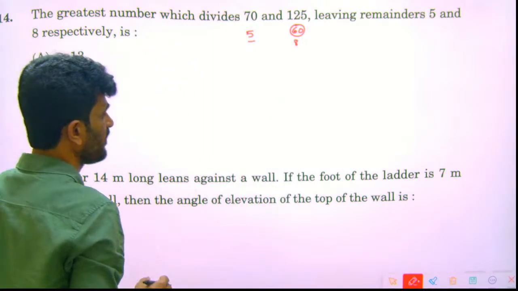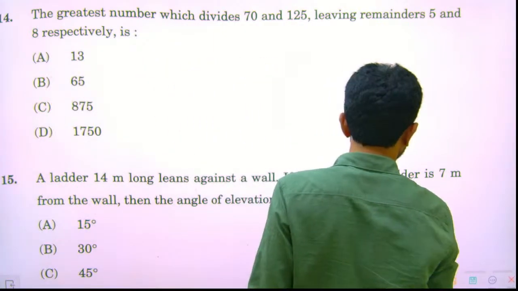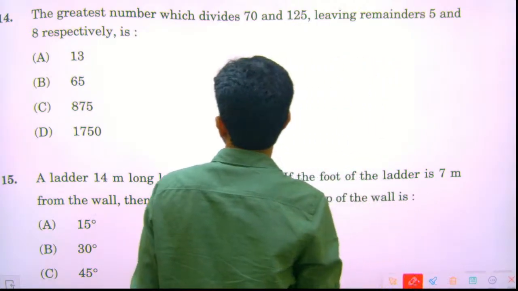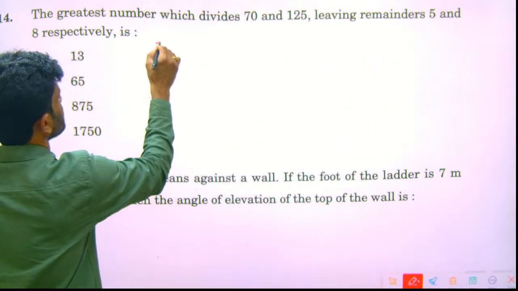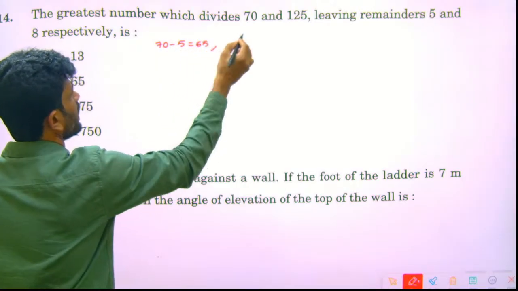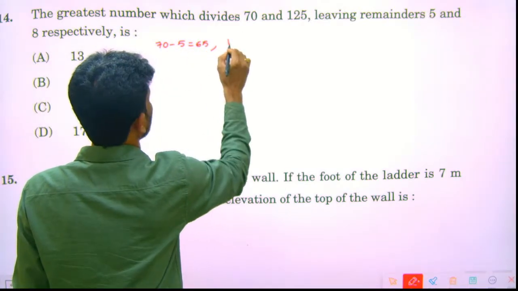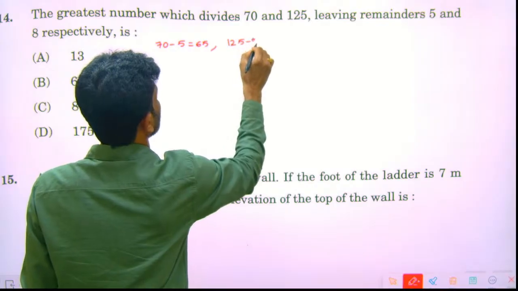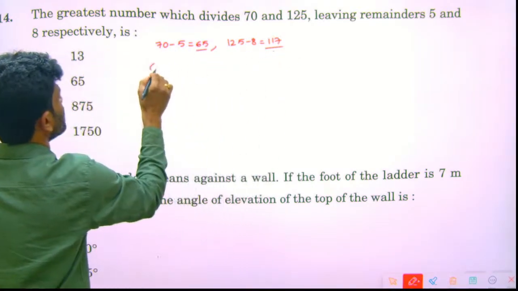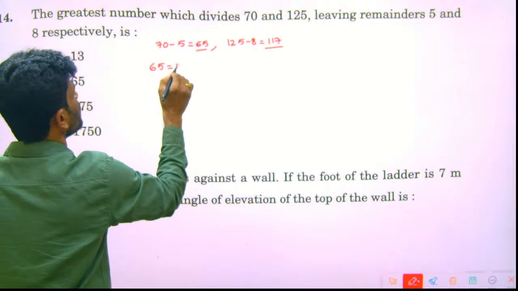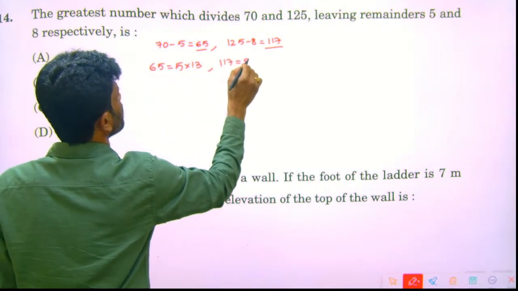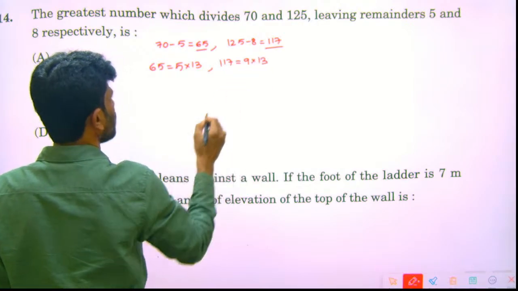But if it is given for subjective, how to do, I will explain. If it is given for subjective, in this type of questions, first we have to subtract 5 from 70, which is 65. Again subtract 8 from 125, we get 117. Now we have to find the HCF of these two. 65 is equal to 5 into 13 and 117 is equal to 9 into 13, or 3 power 2 into 13.